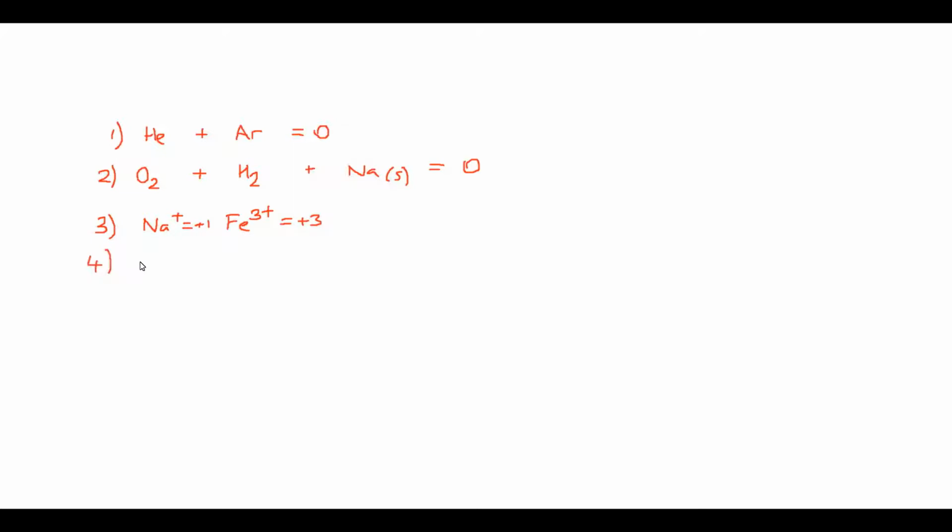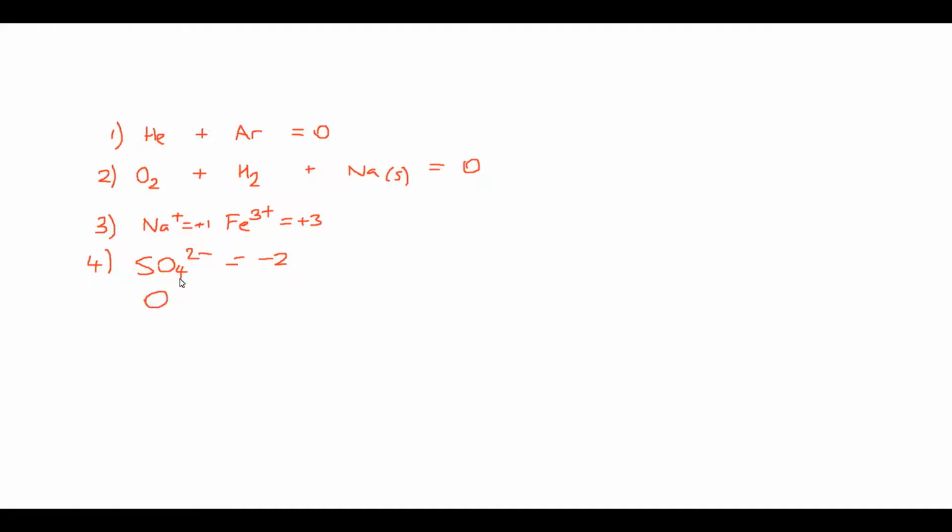When you have compound ions, the overall oxidation state is the ion charge. Just like here, the overall oxidation state was the ion charge, but they were by themselves, so it was easy to decipher. Combination ions, such as SO4 2-, have an overall oxidation state of the charge, so -2 in this case.